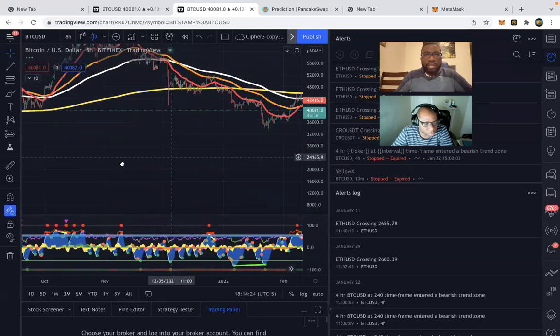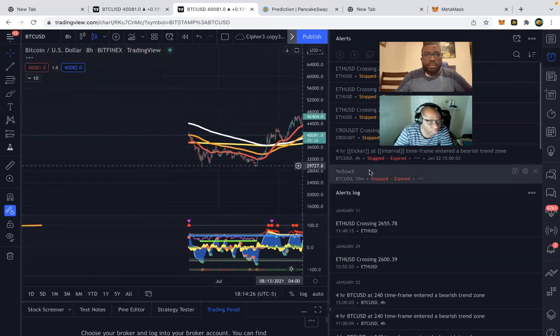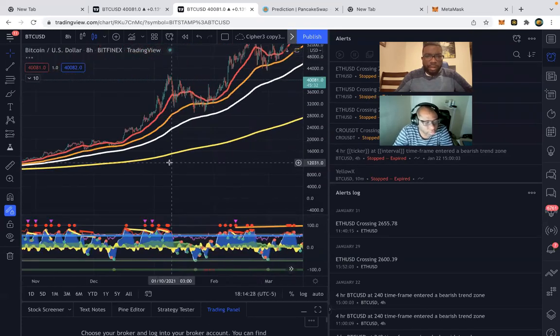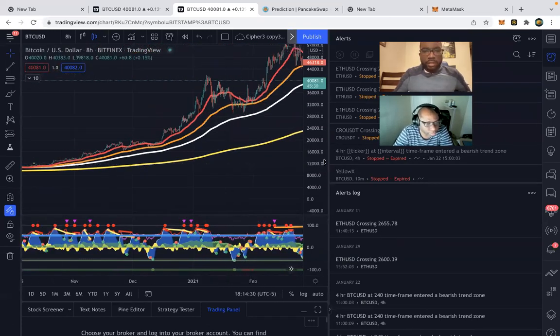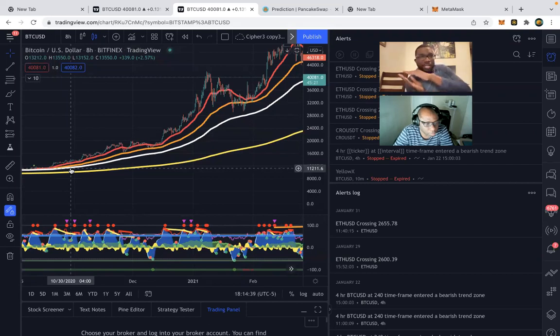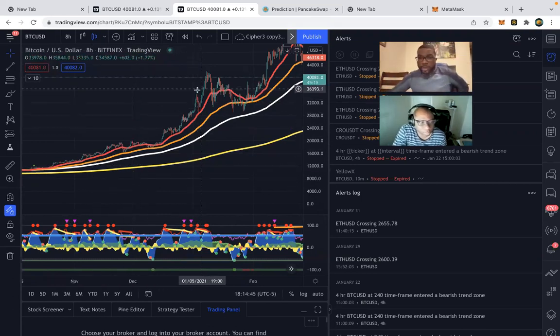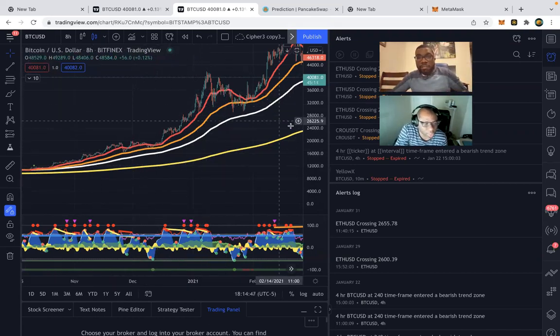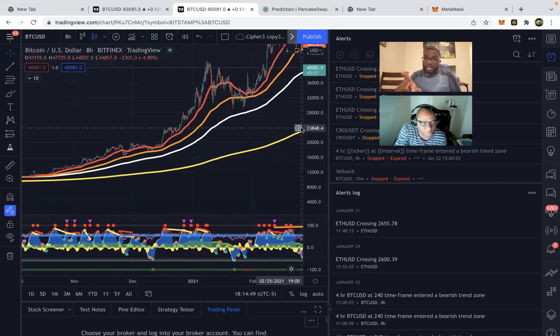You want to look for EMAs in order and close together, because when they're close together in order, imagine it's just like building pressure, right? And they expand, and price is expanding because price is on top. Now it's like a squeeze, kind of. Got it.